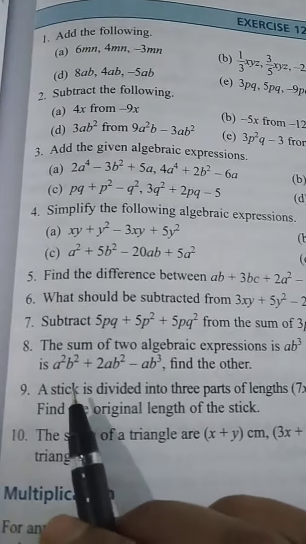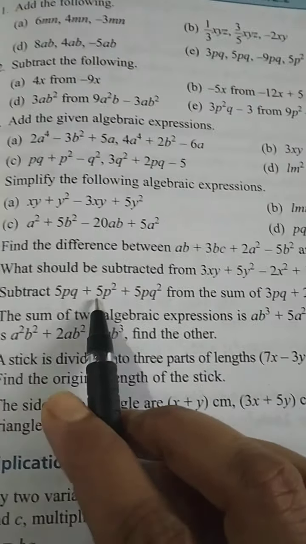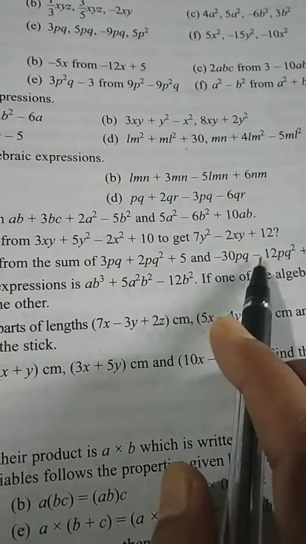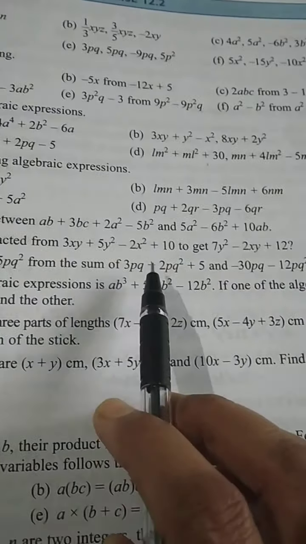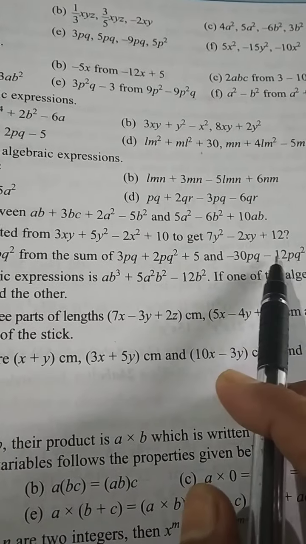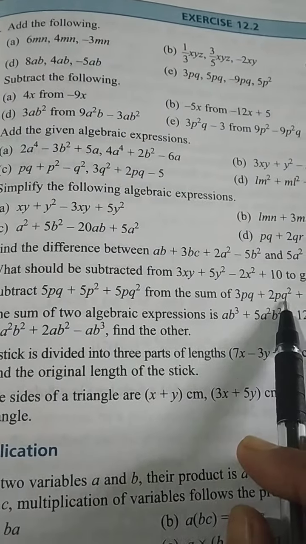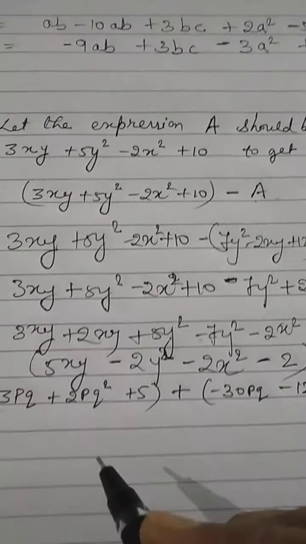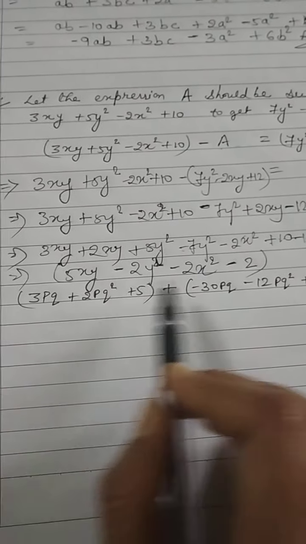Now next, question number 7. Subtract this from the sum of this and this. It means first of all we will sum these two expressions. Whatever the result we get, we have to subtract this expression from that. So first of all write down these two expressions which we have to add.